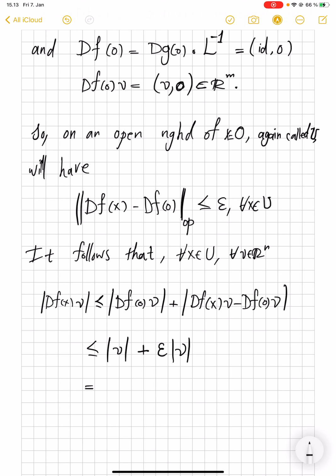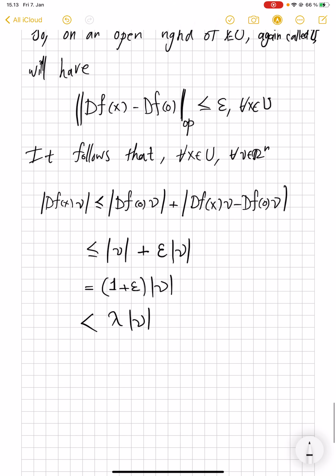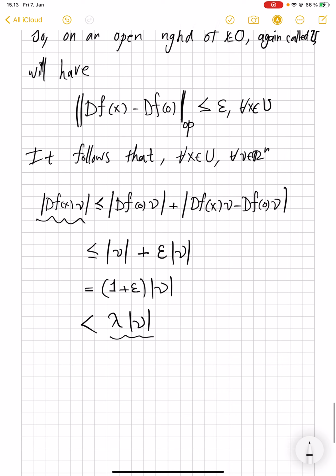But this is just 1 plus epsilon times the norm of V, and that is by choice of epsilon less than lambda times the norm of V. And that is one part of the first property we wanted for this local parameterization.